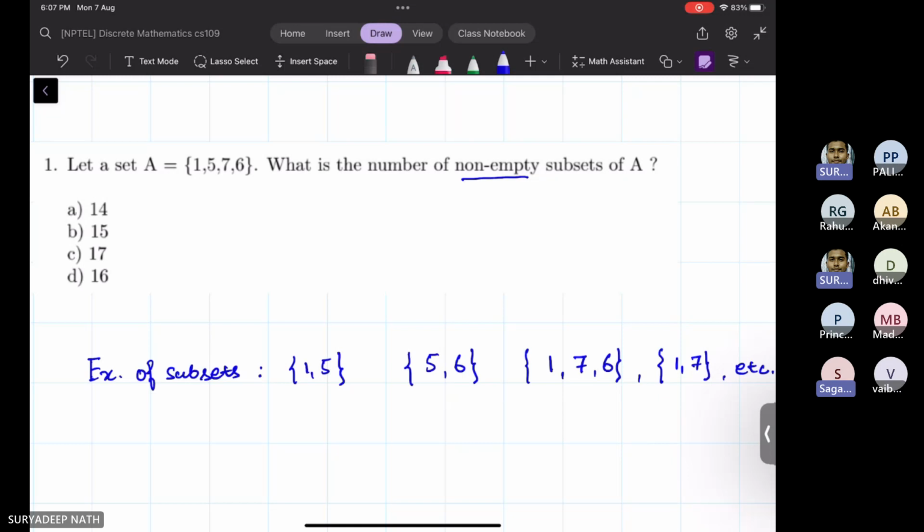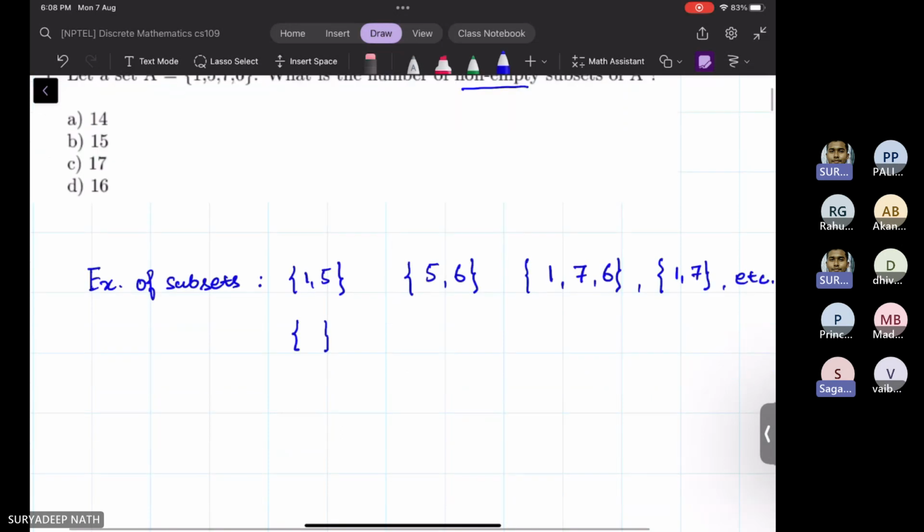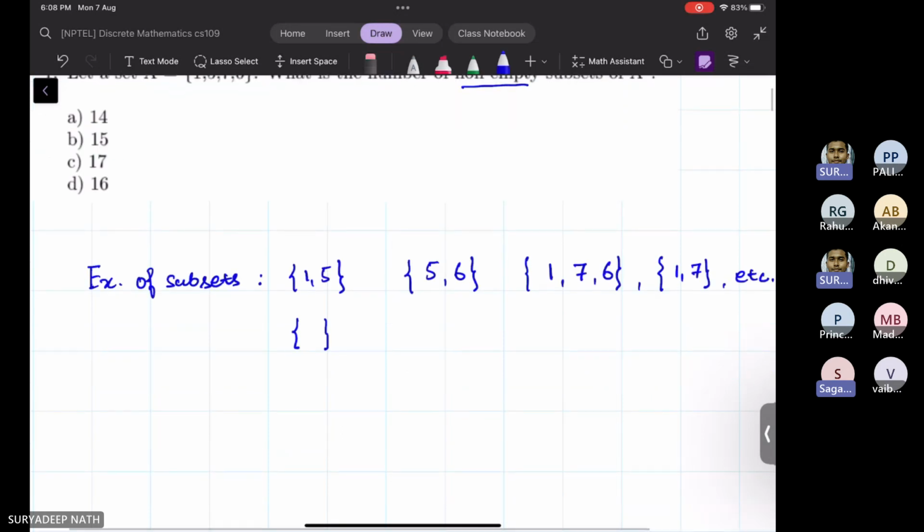We cannot consider the empty subset. An empty subset would be just a blank with no elements in it. So this is also a subset, but we don't want to count it.